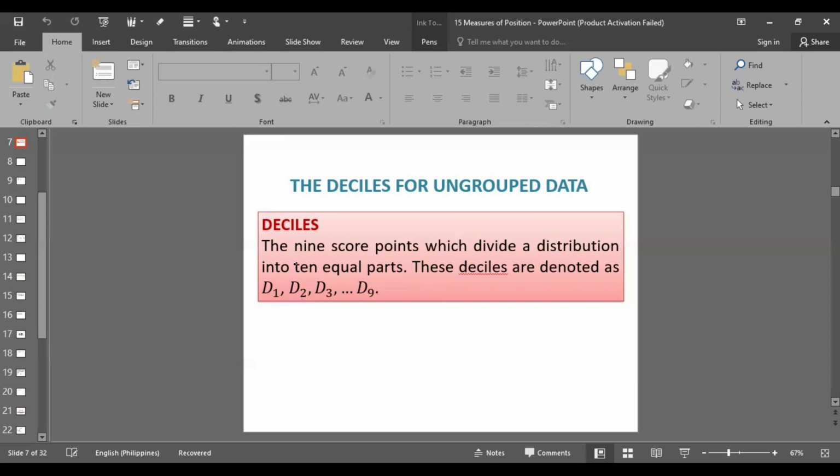Again, deciles is a measure of position that divides the distribution into 10 equal parts. Here, we have 9 score points that will divide the distribution into 10 equal parts, and they are denoted by D sub 1, D sub 2, D sub 3, until D sub 9.